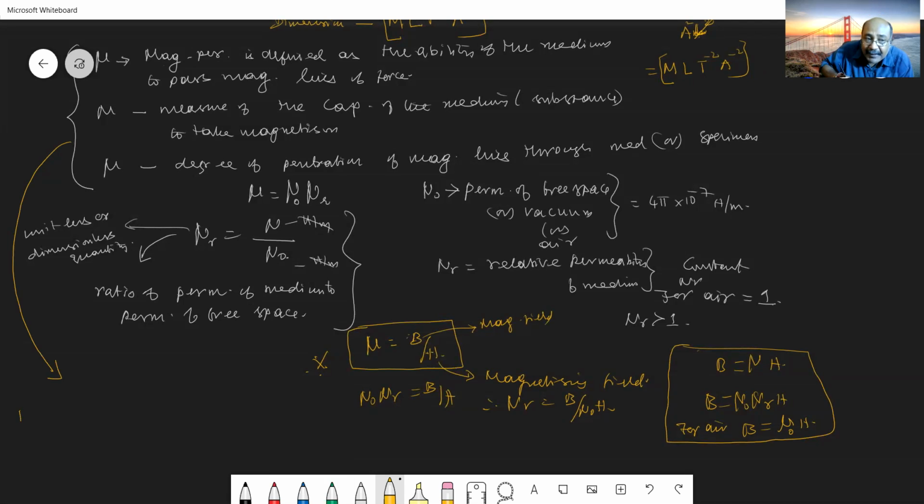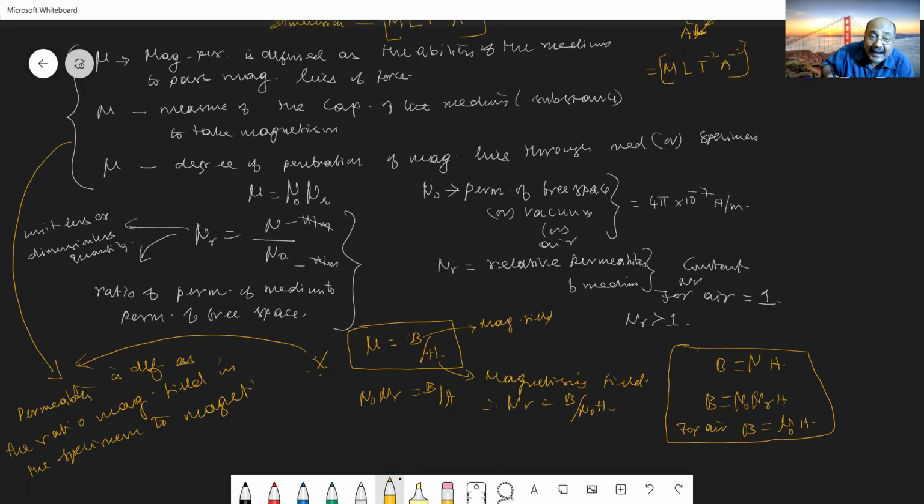What is that definition? Permeability is defined as the ratio of the magnetic field in the specimen to the magnetizing field applied.